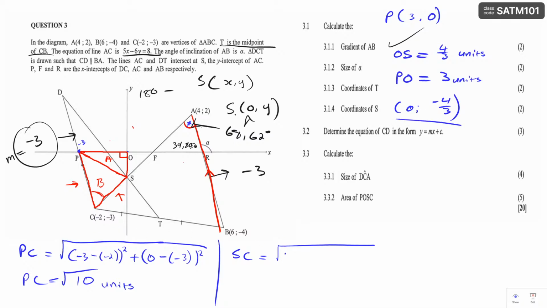So you're going to say 0 minus negative 2 squared plus then negative 4 over 3 minus negative 3 squared. Check the brackets, how many brackets I'm putting. Here is the bracket that is going to put negative 2, and here is the bracket that is going to put negative 3. And then now we also need to close everything and then square it. Please pay attention to the brackets, because that's where you're going to lose marks, or you're going to get an error or wrong stuff.